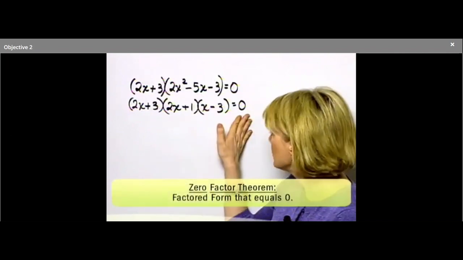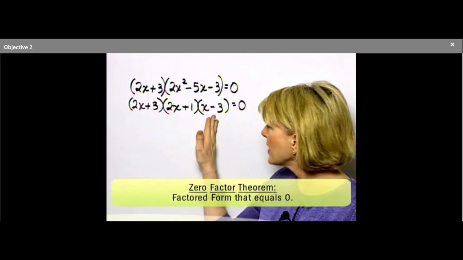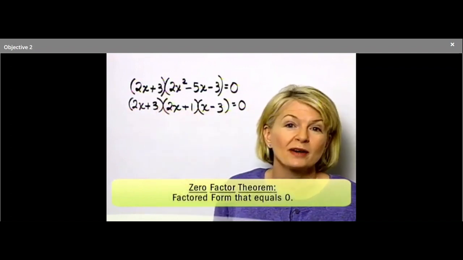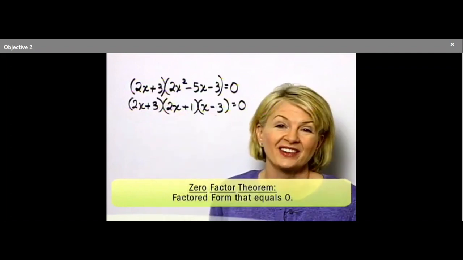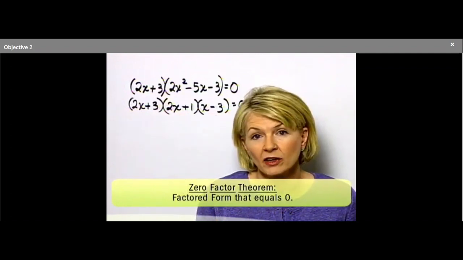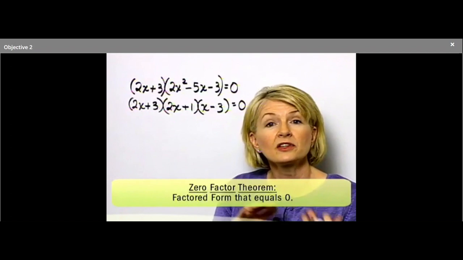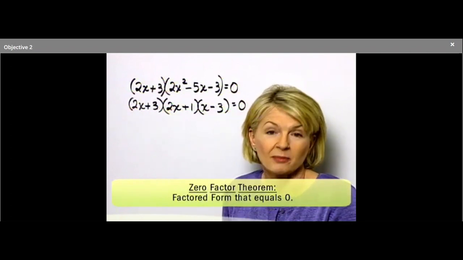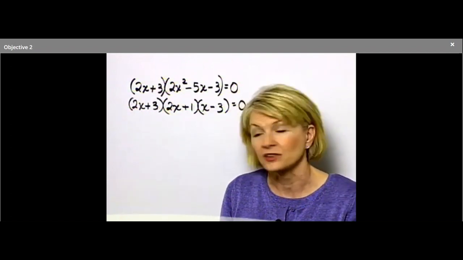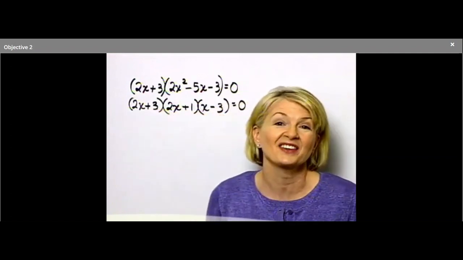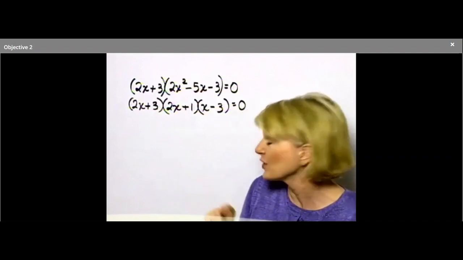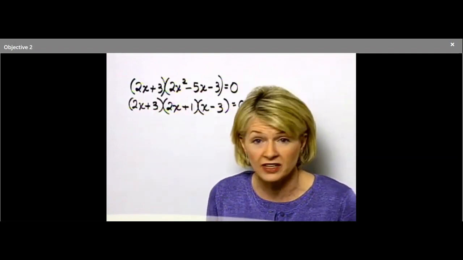Now notice 0 on one side, and I do have a factored form on the left side. I just simply have 1, 2, 3 factors this time containing a variable. That's okay. We can still use the zero factor theorem with 3 or more factors. We simply set every single factor containing a variable equal to 0.